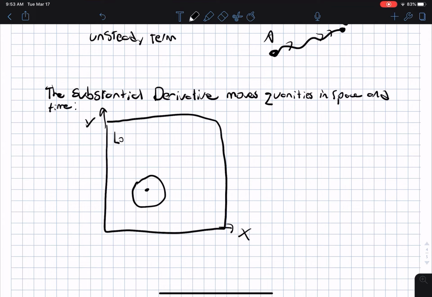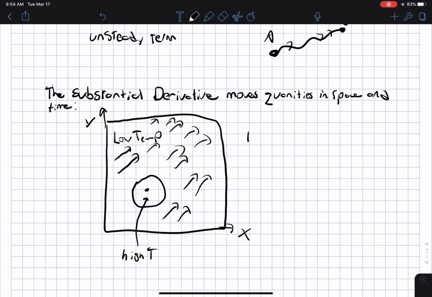So we have low T outside, and we have high T inside, and the velocity field is perfectly uniform, v equals 1 i hat plus 1 j hat. So basically, the fluid velocity field is just moving up at a 45-degree angle.